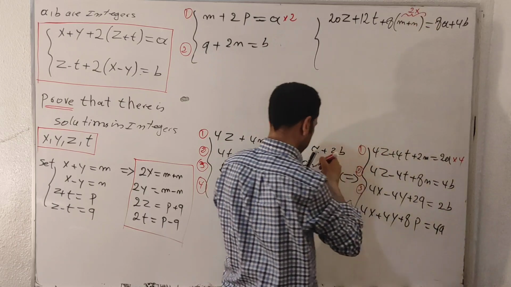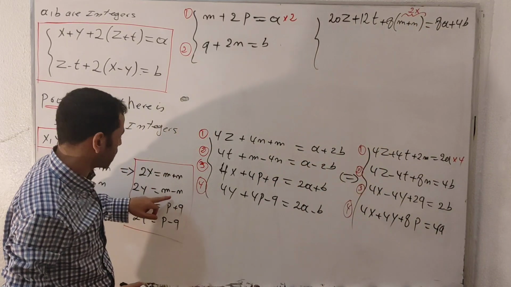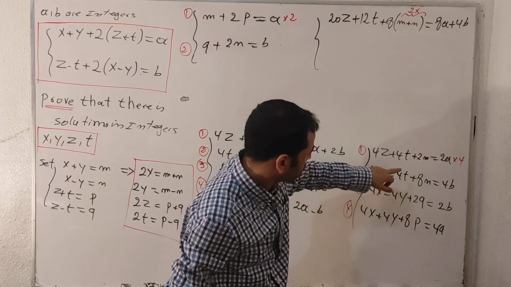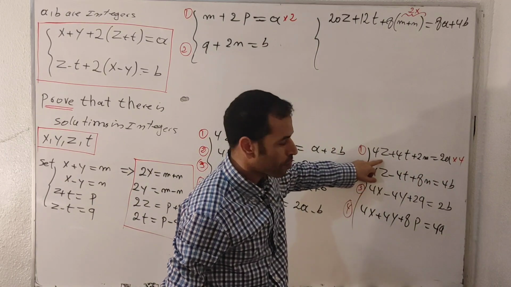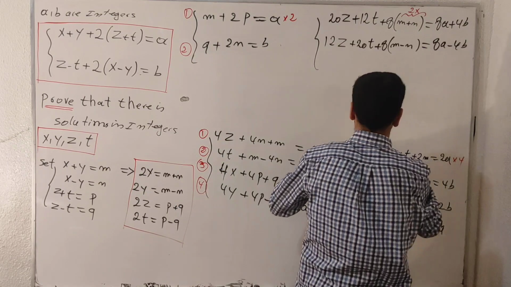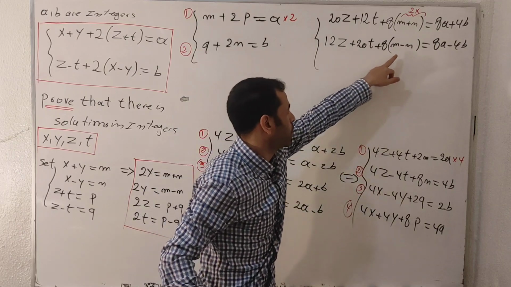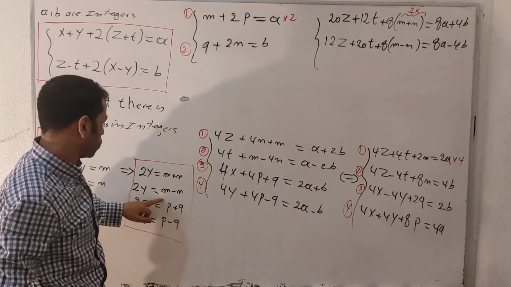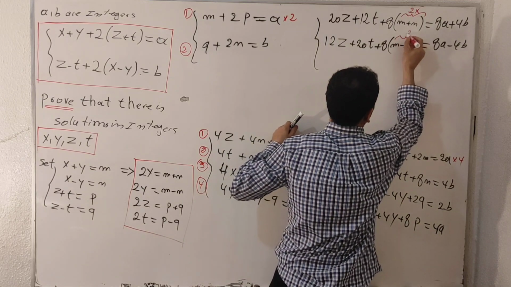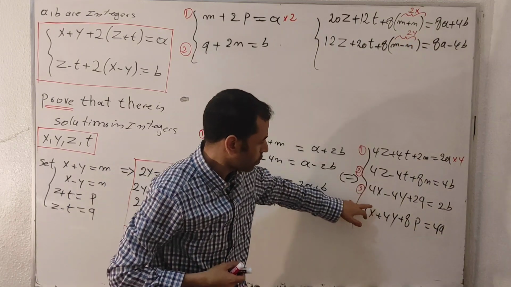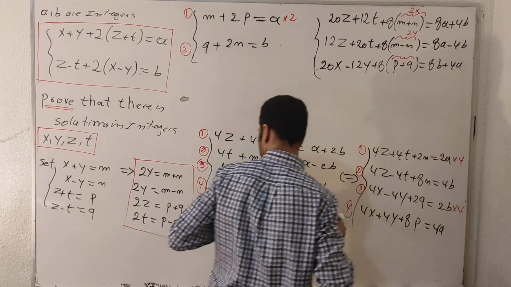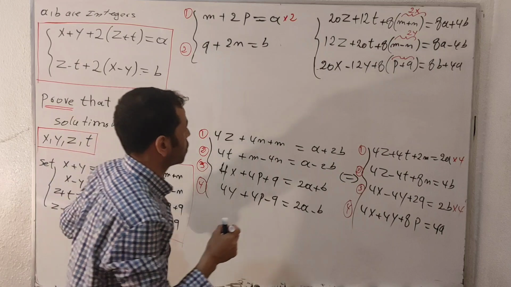I'm going to look for m minus n. In order to get m minus n, I'm going to do the same thing, multiply the first equation by number 4 and subtract the second equation. This is the reason I'm doing this, to replace this term with 2y. So also I have this one equals 2y. I'm going to do the same thing for the third and fourth equation. It will be replaced also with 2z.